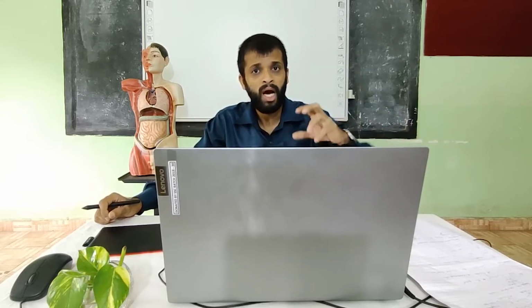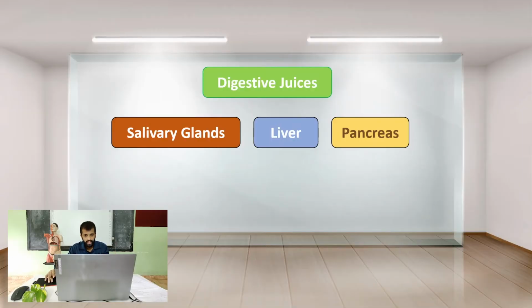For that to happen, all the BOSS LRA are nothing but kind of machines that will process it. But for those machines to work, you require some oiling. In a way, these digestive juices help in that digestion. So the entire digestion process will happen because of these digestive juices which are secreted by these glands.